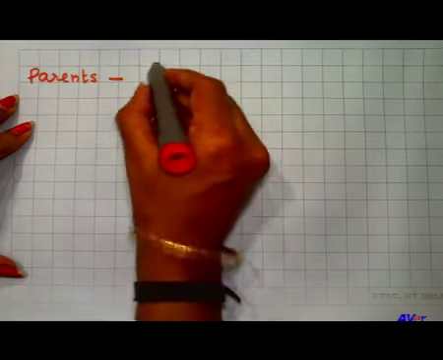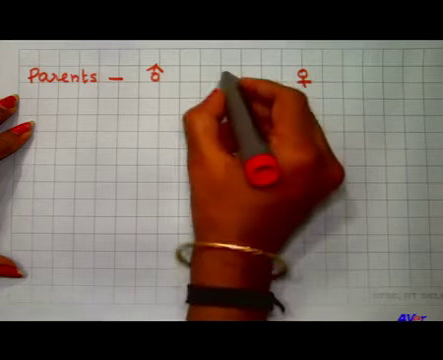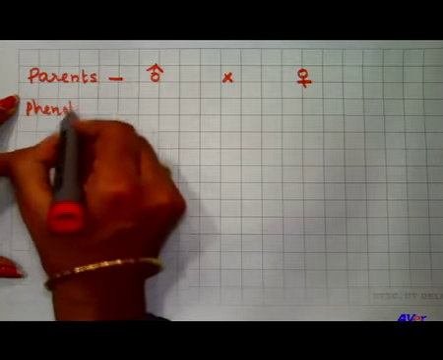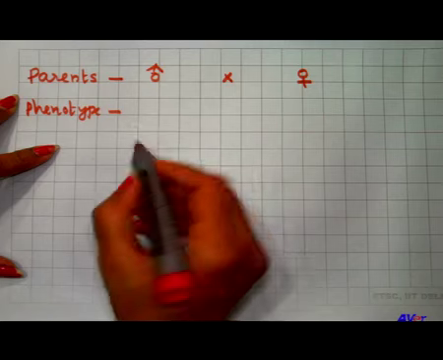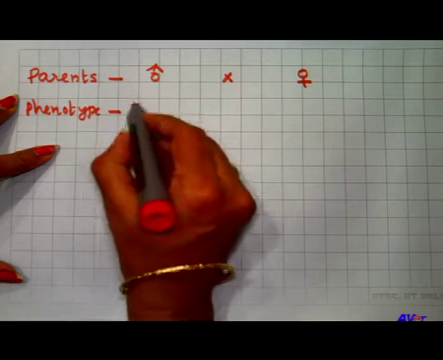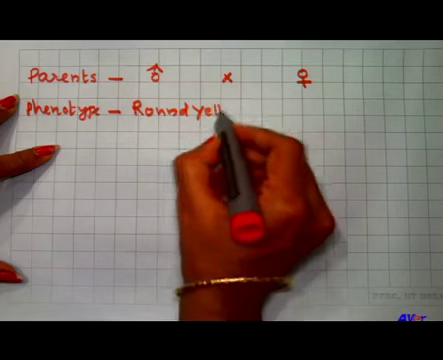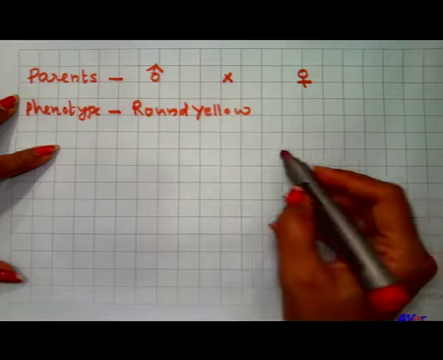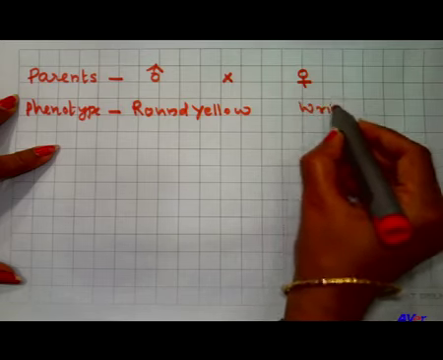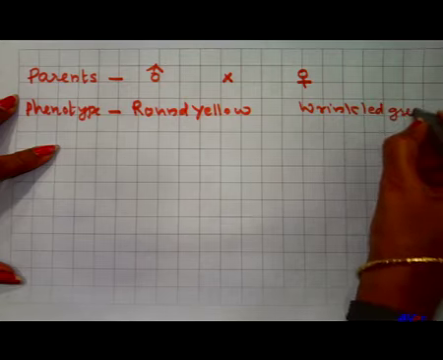Parents we will consider as male and female. Phenotype: the male plant is producing a round seed with yellow cotyledon, and the female plant is producing a wrinkled seed with green cotyledon.